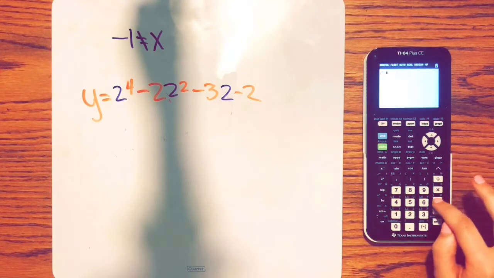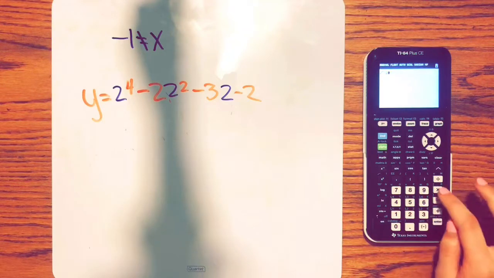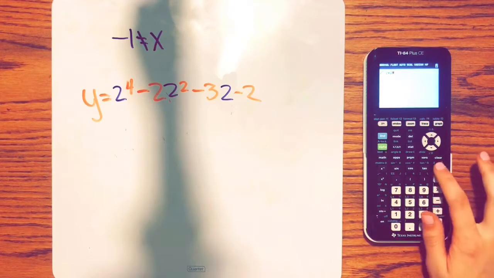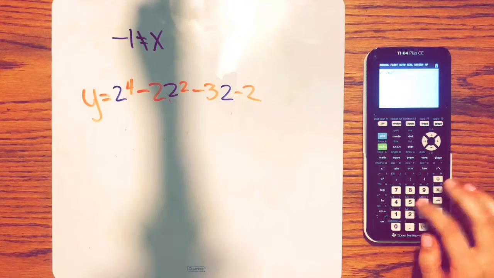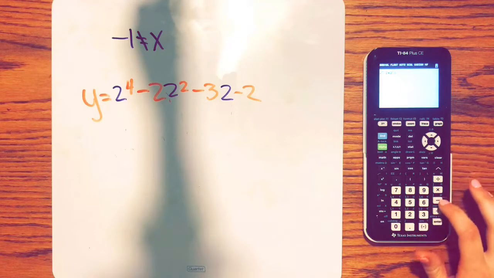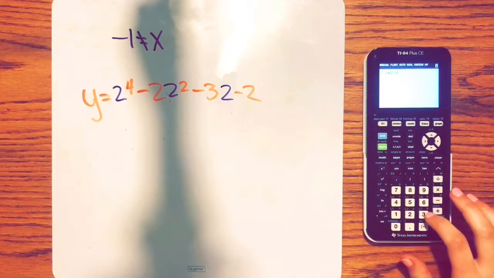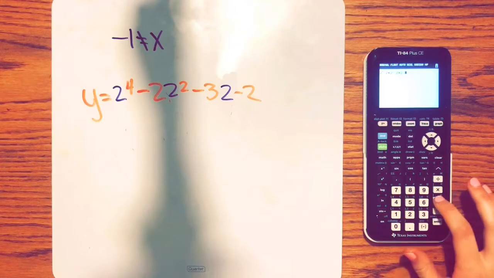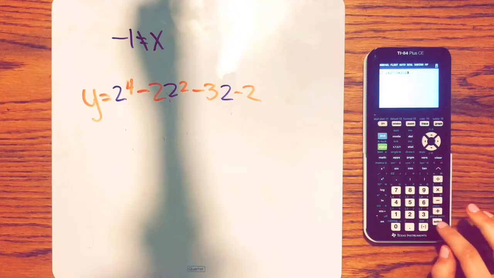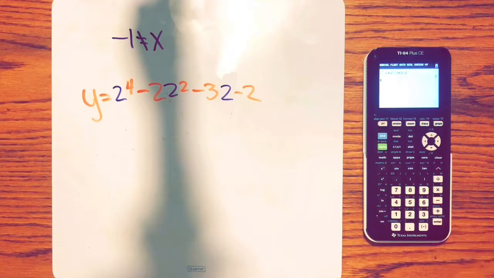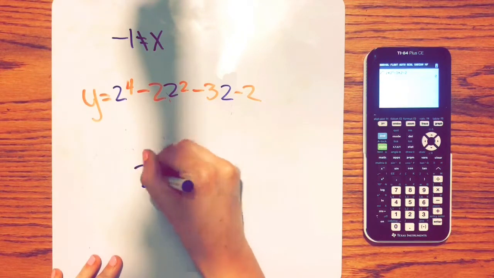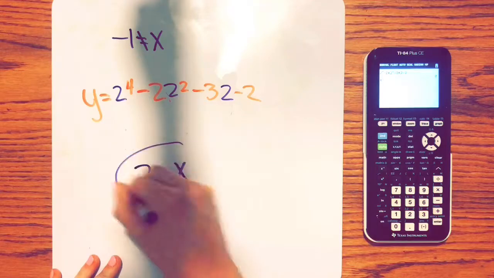You will now do y equals 2 to the fourth minus 2 times 2 to the second minus 3 times 2 minus 2. This results in 0, which is your goal when finding an x-intercept. 2 is the correct answer for this equation.